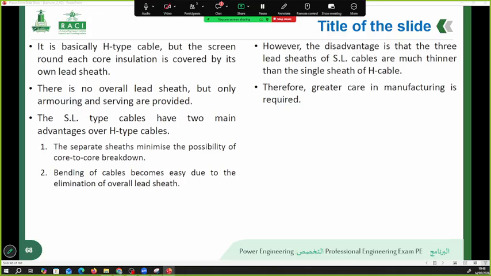These voids are problematic because they tend to significantly reduce the cable's breakdown strength and can cause serious damage to the paper insulation.